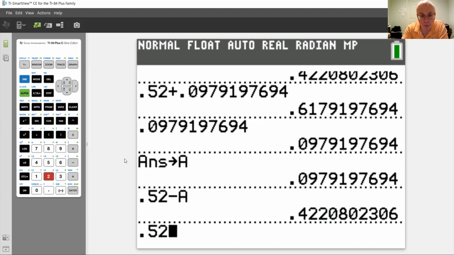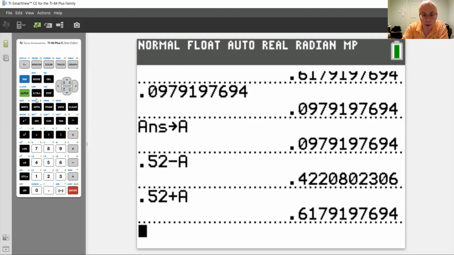Then to find our right endpoint, we take 0.52 and add A. Alpha A, hit enter, and there's the right endpoint, 0.6179. So that's an alternative, in particular for those of you who use the 83 calculators.